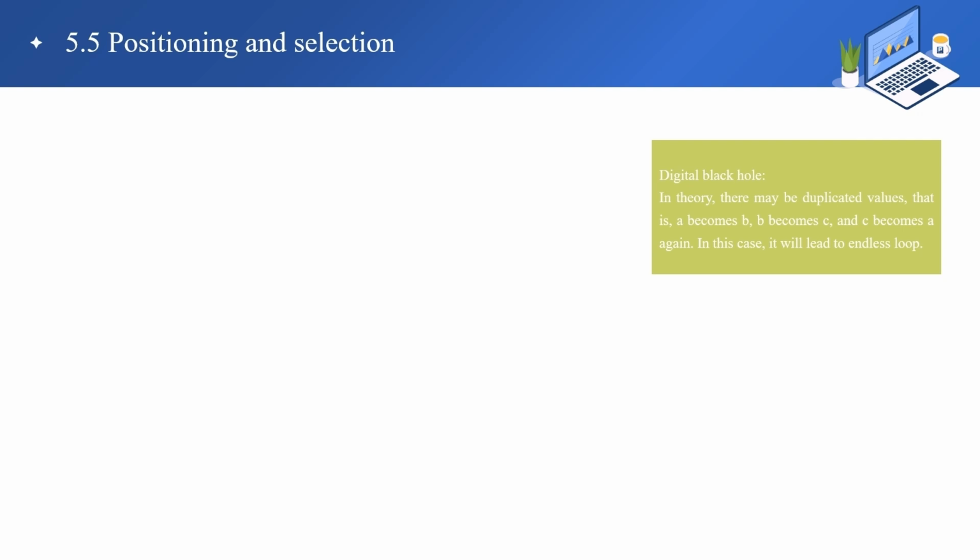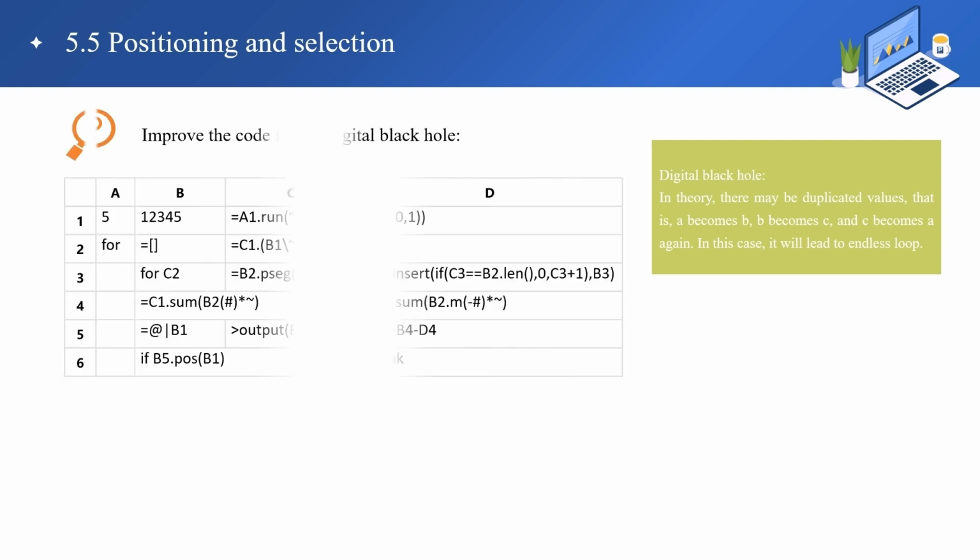In this case, it will lead to an endless loop, but our current program can't discover this situation. Only because we have done our homework in advance, we know for sure that there is only one single black hole in the 4 digits, so the code is written like that, but it may not be the case for other digits. The pos function can be used to find this kind of loop, and the pseg function and insert function can also be used to improve the sorting.